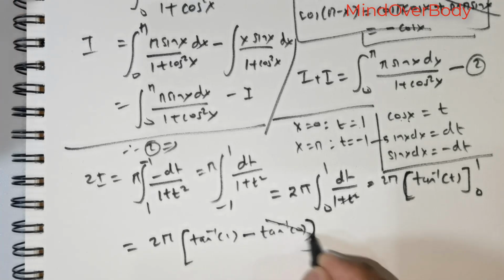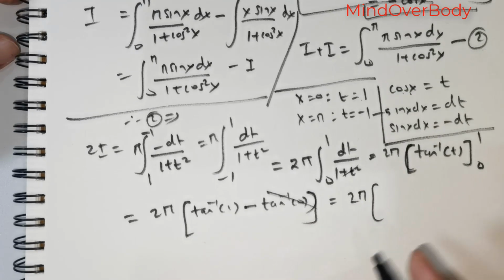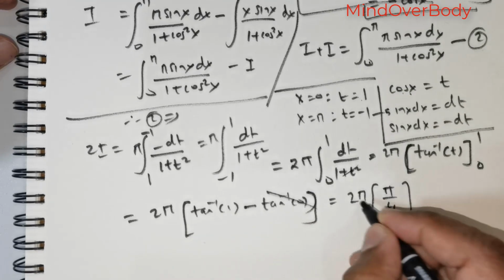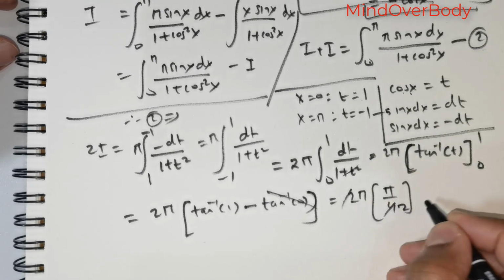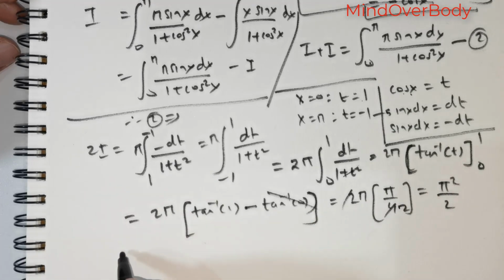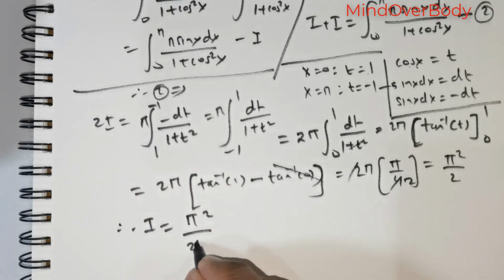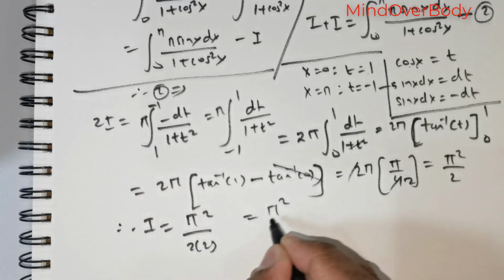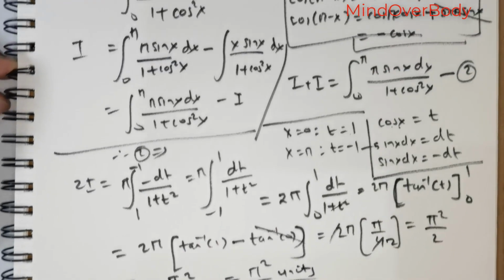Tan inverse of 0 is 0. Tan inverse of 1 is pi divided by 4. So 2 divides 4 two times, and you get pi squared divided by 2. On the left you have 2 times I, but we need only I. So I is equal to pi squared over 4. That is the solution for this question.